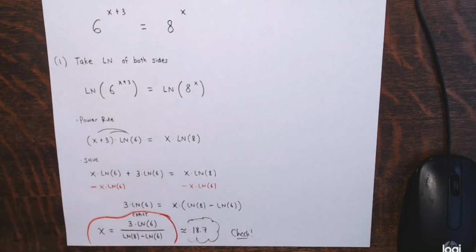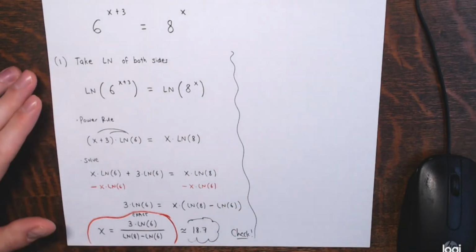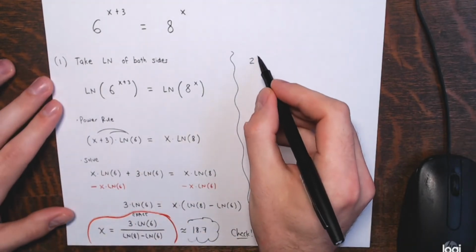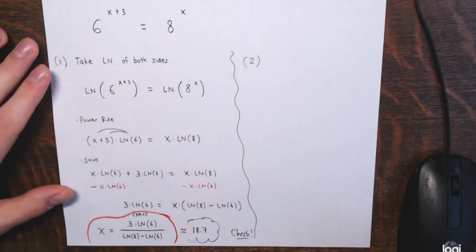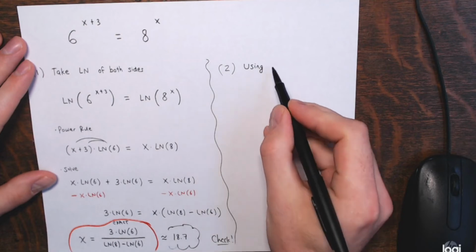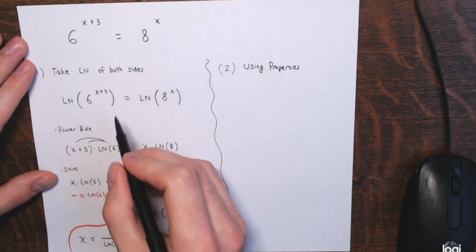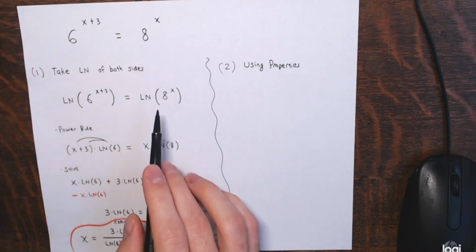So let me show you an alternate method. So part 2, or method 2. Using properties other than the power rule. Here I kind of use the one-to-one property and the power rule and all that.